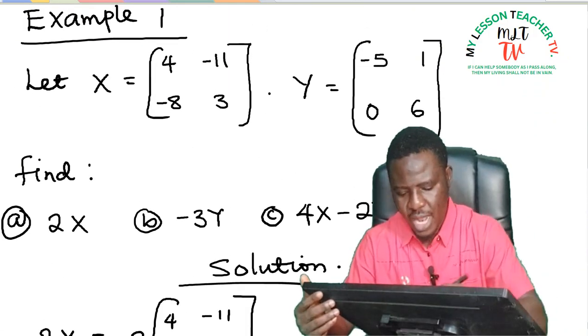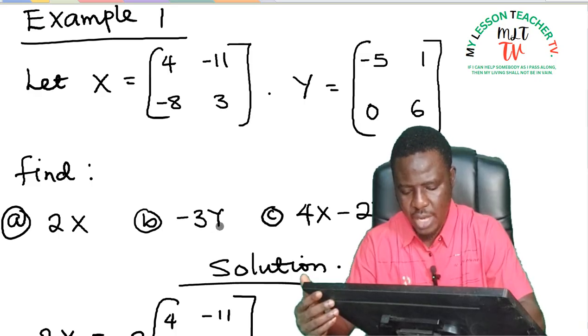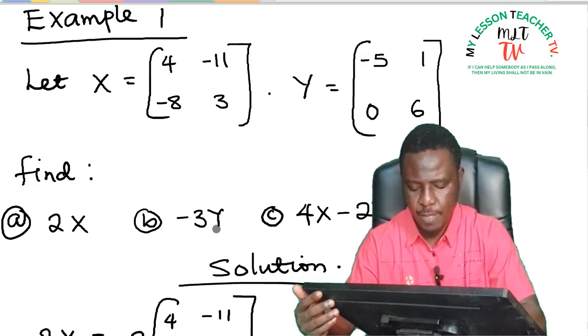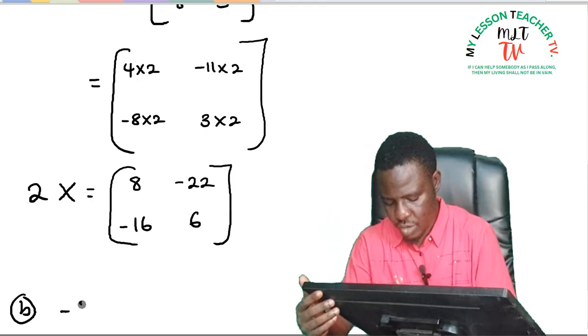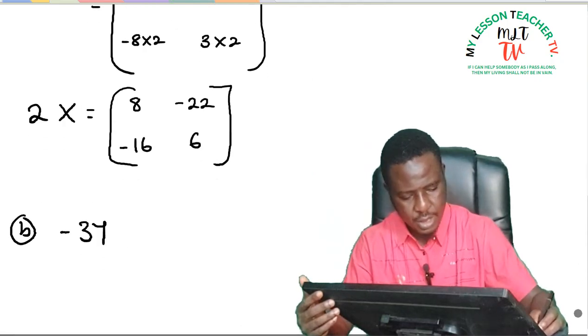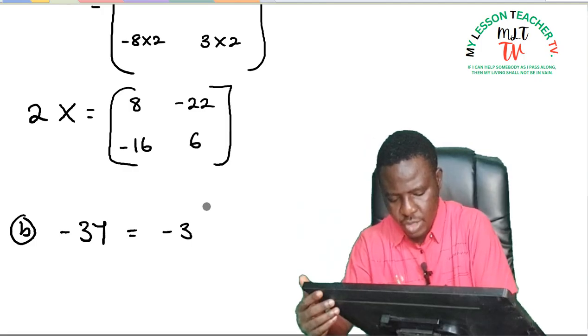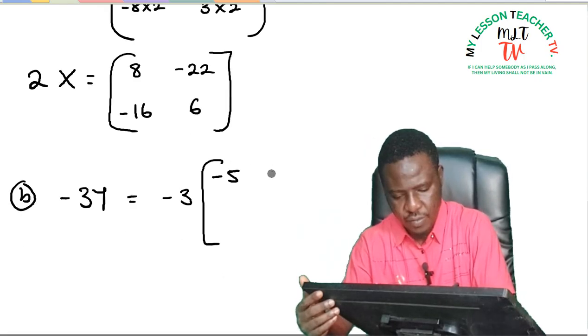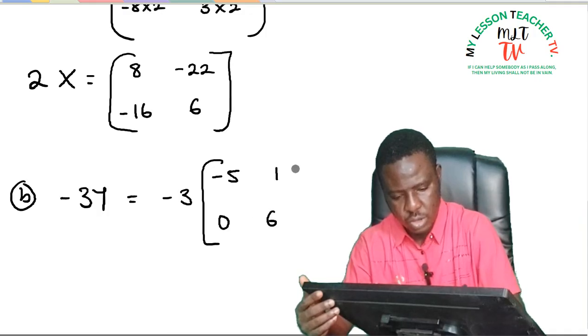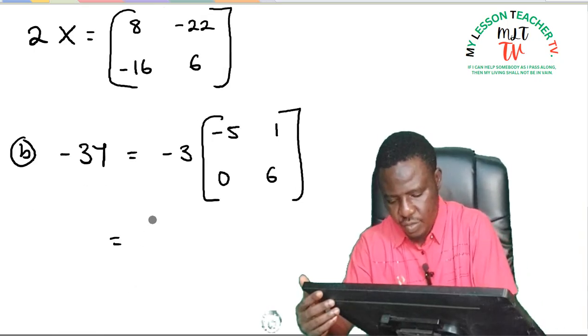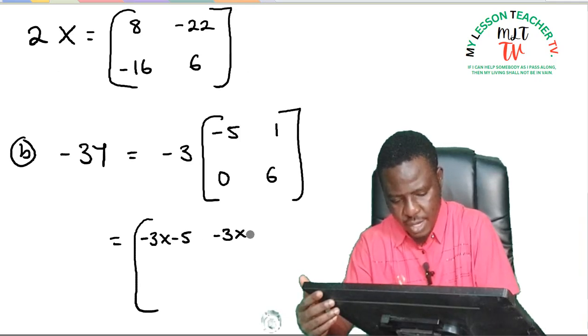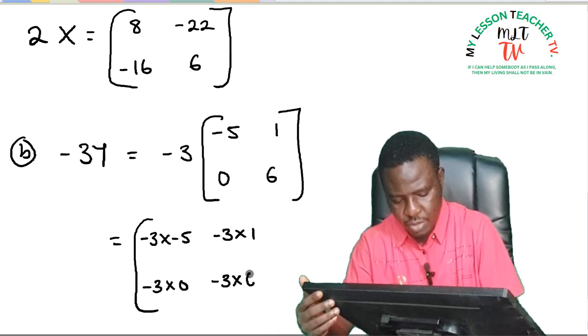B, we are asked to find minus 3Y, where minus 3 is the scalar and Y is the matrix. So minus 3Y will be equal to minus 3 times the matrix minus 5, 1, 0, 6. When you multiply this, you are going to have minus 3 times minus 5, minus 3 times 1, minus 3 times 0, and minus 3 times 6.